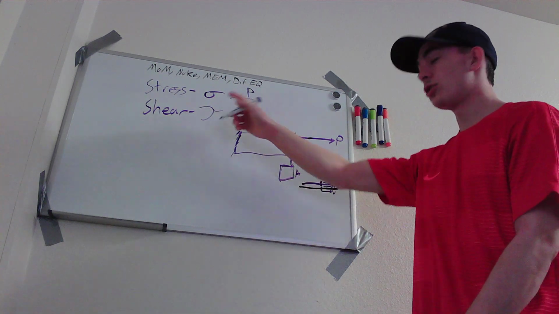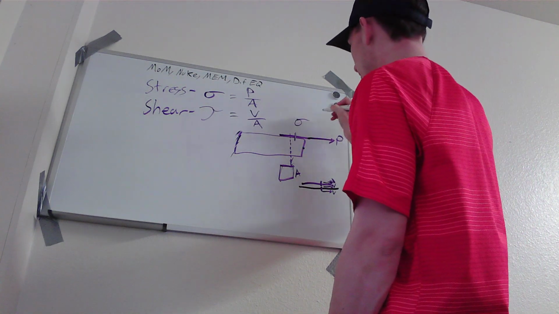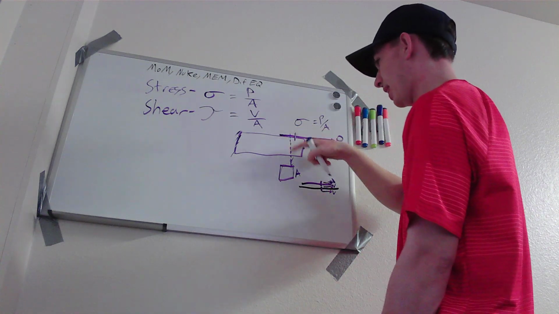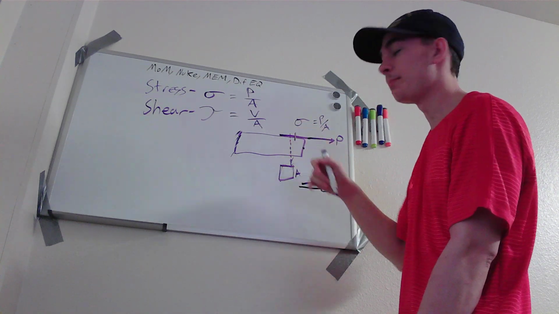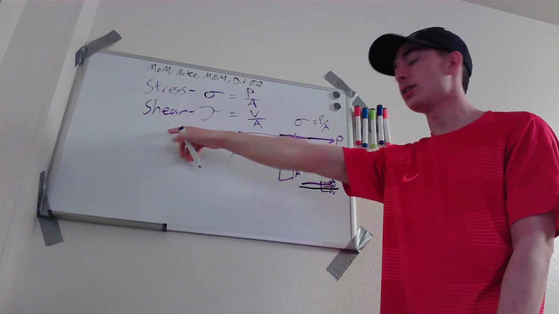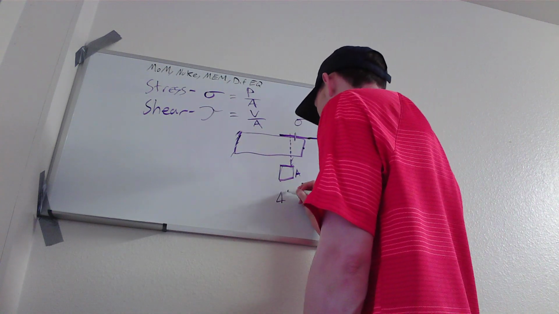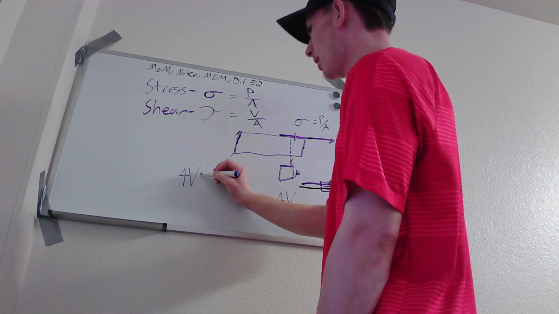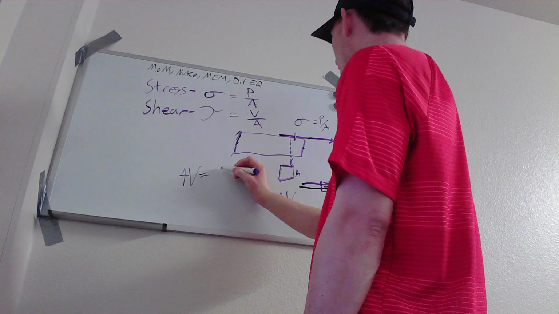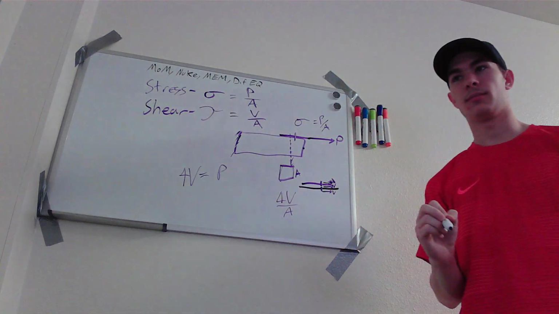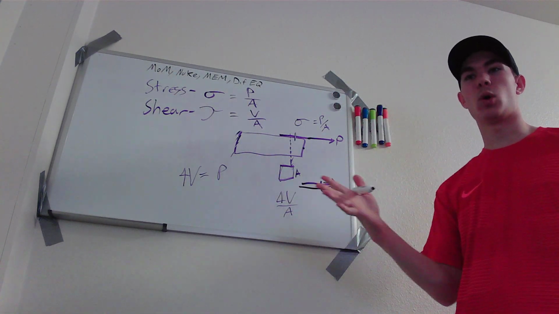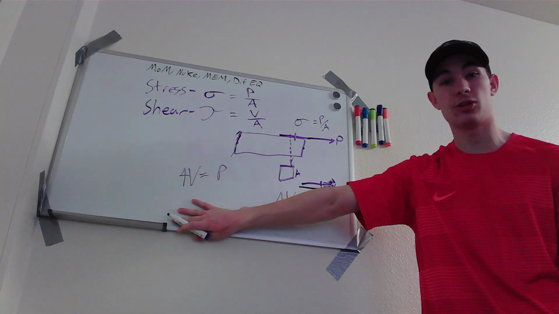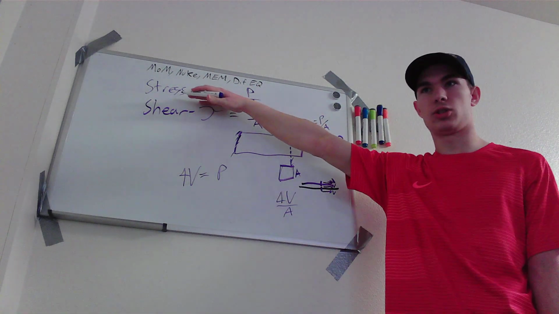So here, stress is going to just equal P over A, which will be this whole cross section, adding the wood. And then your shear stress is going to equal 4V over A, where 4V is equal to P. So the bolt is more likely to fail than the internal components because it actually has higher shear stress than it does normal stress.